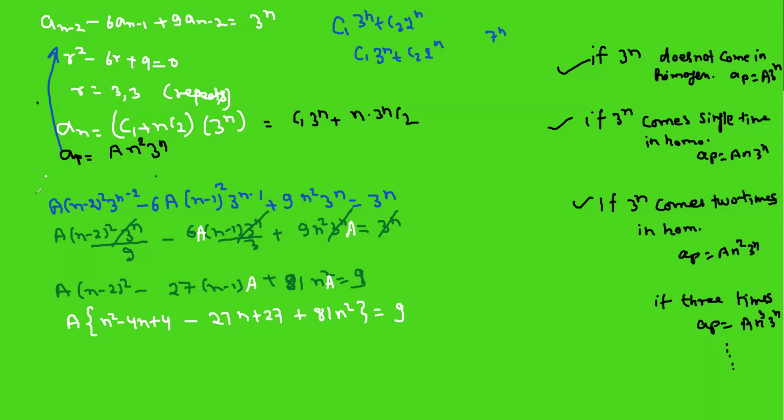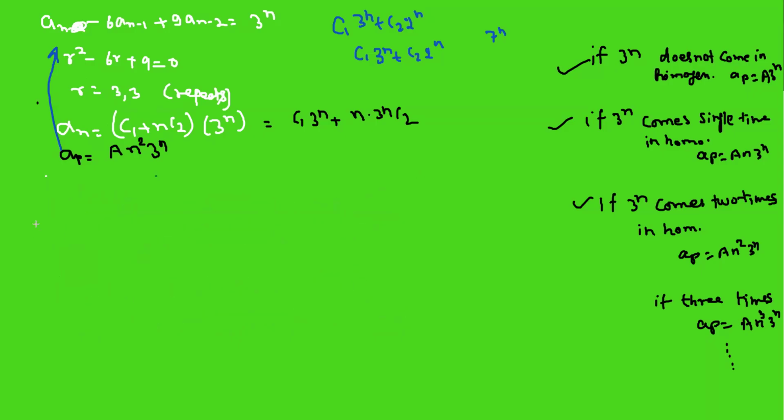Wait. This is n actually. A n square 3 raised to n.